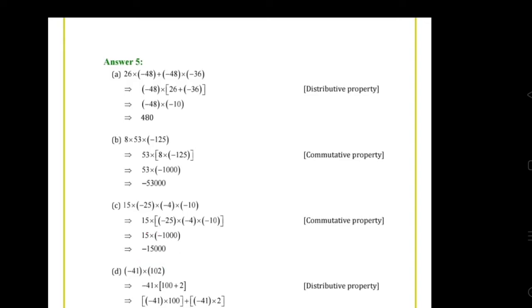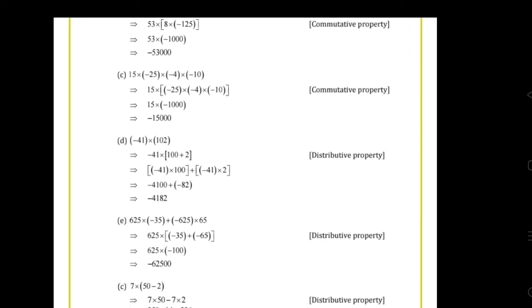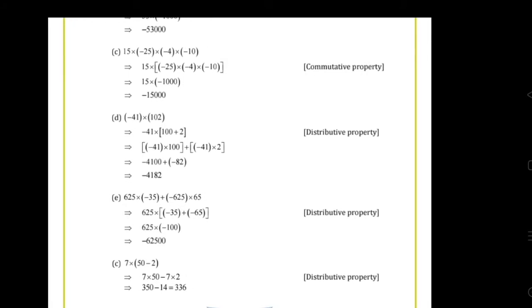Now afterward, next in question number D, -41 × 102. So we can use the distributive property. 102 means 100 plus 2, and then -41 is multiplied by 100, and then plus -41 multiplied by 2.